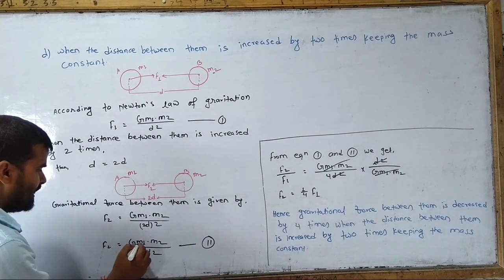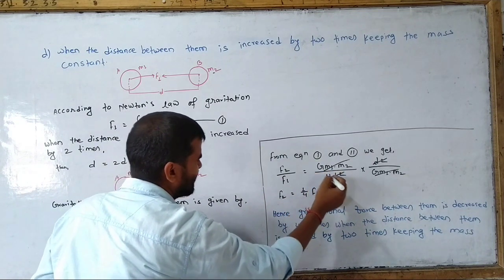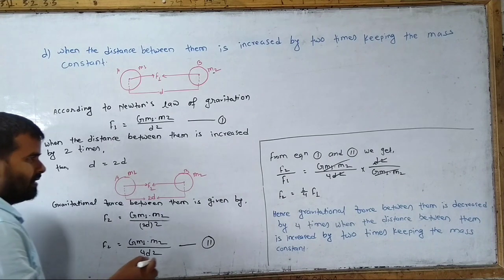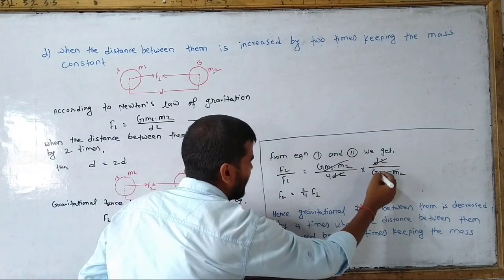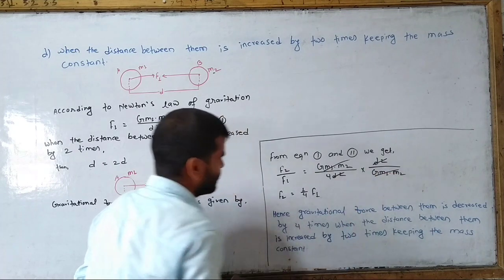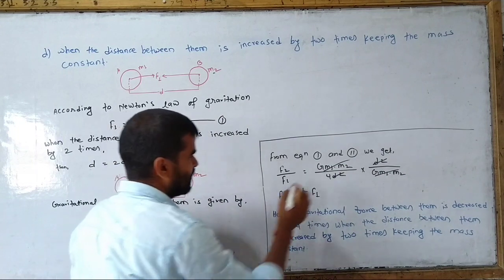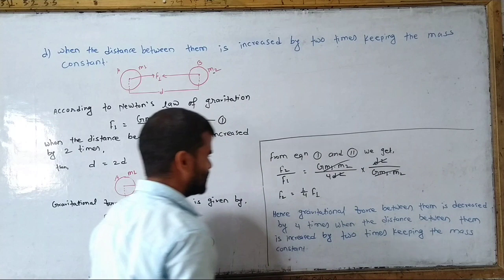F2 over F1 is G m1 m2 by 4d square, divided by G m1 m2 by d square. So by reversing it, d square by G m1 m2. Now d square and d square cancel, G m1 m2 and G m1 m2 both cancel.